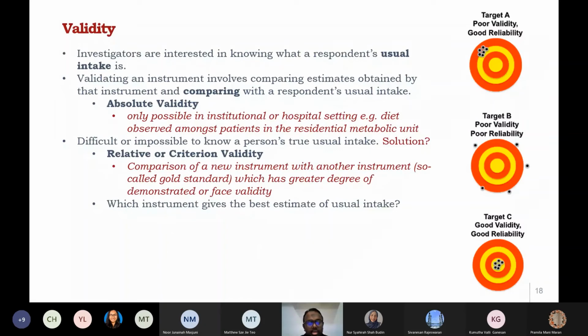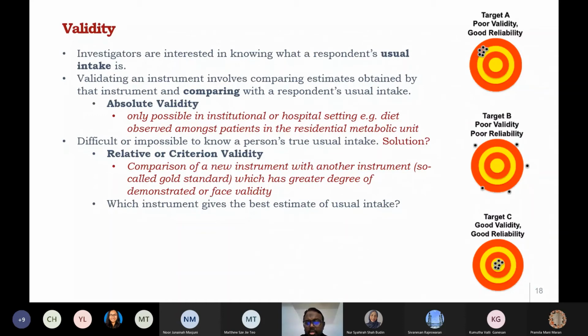So the solution is to have relative or criterion validity, where we compare a new instrument with another instrument which we call the gold standard. That gold standard instrument should have a greater degree of demonstrated validity or face validity. So the question is, which instrument gives the best estimate of usual intake?